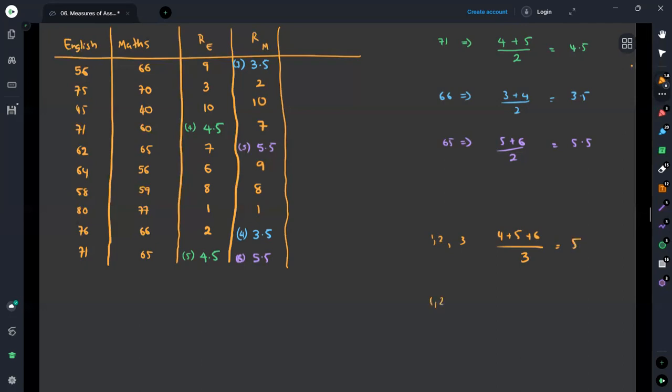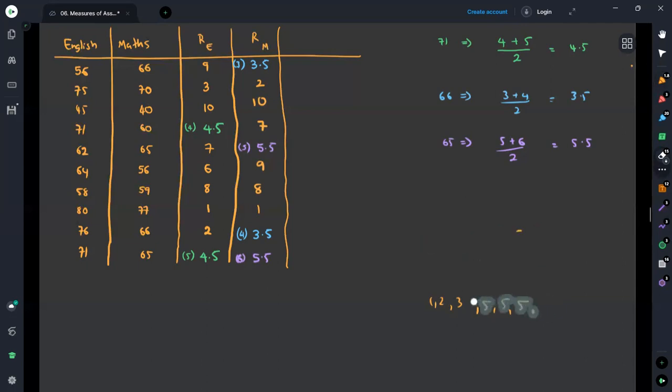Then 3 fives should be used here, because 3 numbers were there and the average was taken as 5. Then we start the next rank from 7, because 4, 5, 6 were used and the next starting value is 7. In this way we need to use the tied rankings.